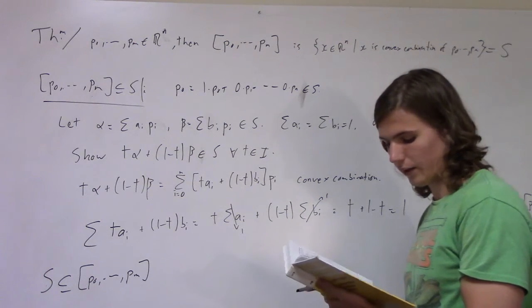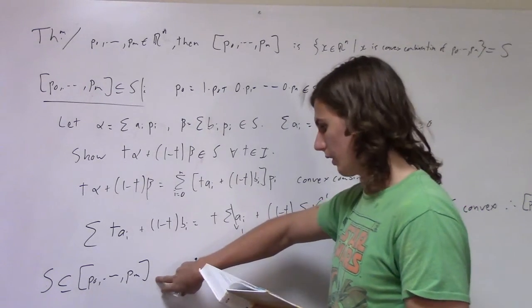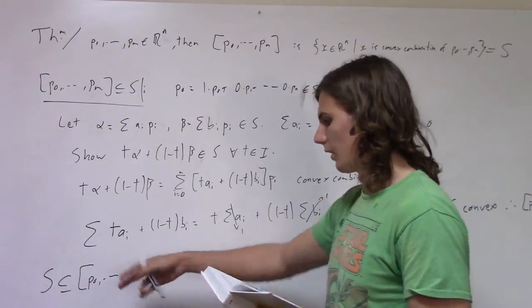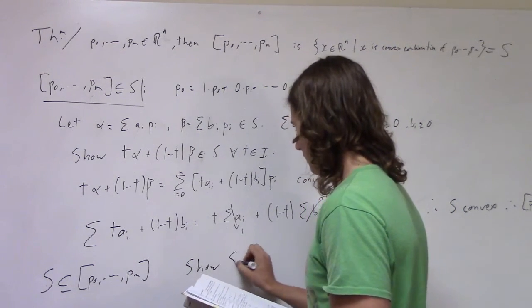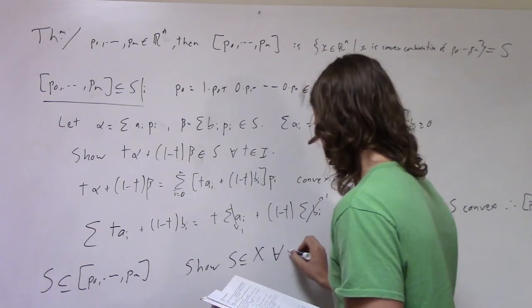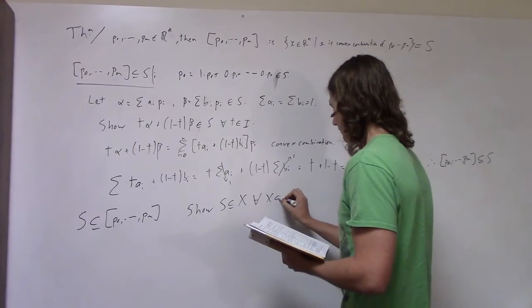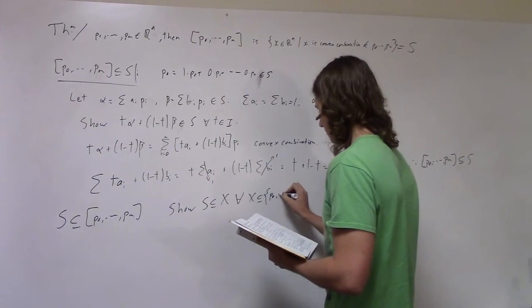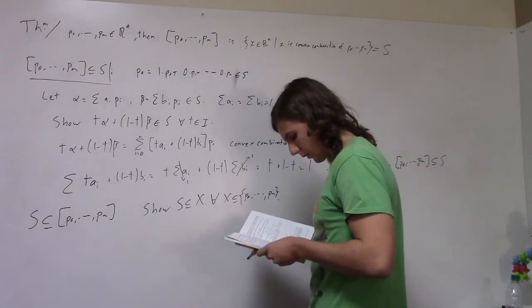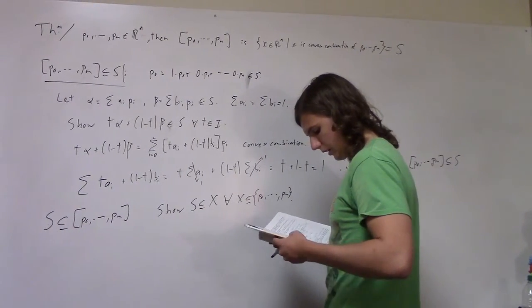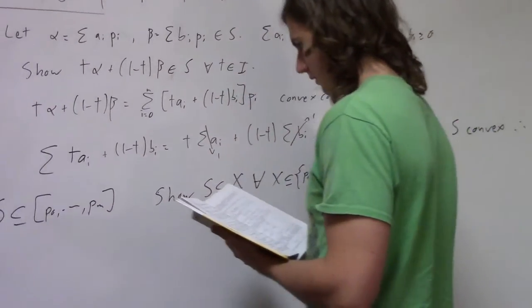So to show that S is a subset of the intersection of all convex sets containing these points, we have to show that S is a subset of X for all X containing these points. So we're going to do induction on M. We start with M equals 0.